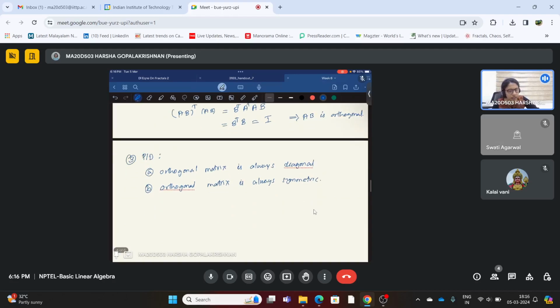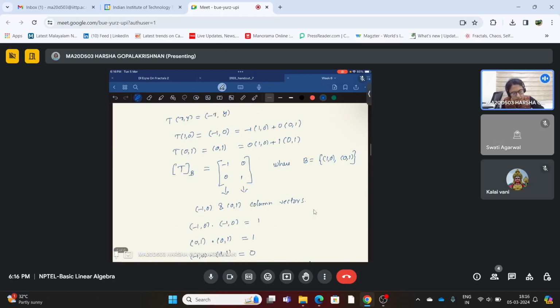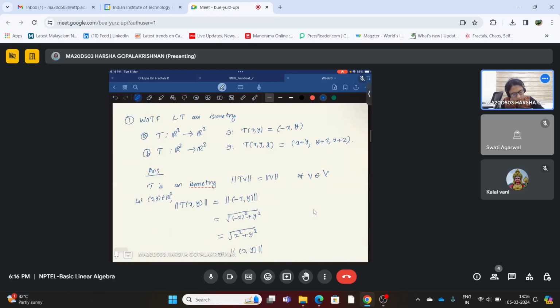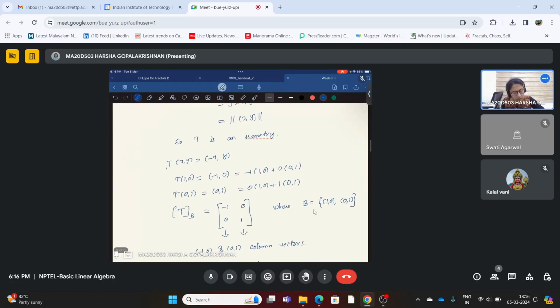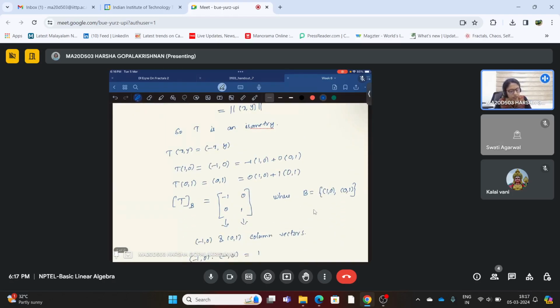Okay, first question. In the first question, corresponding to T of xy equal to minus xy, what we are getting is a matrix T equal to minus 1, 0, 0, 1. It is a diagonal matrix, and it's also a symmetric matrix.